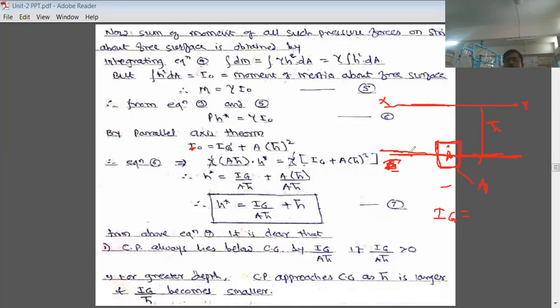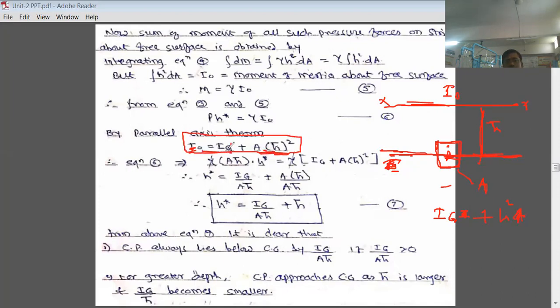Are you getting my point? This I0, the moment of inertia about this axis, must be equal to the moment of inertia about the parallel axis passing through the CG of the body, that is Iz, plus the product of h bar square into area A. So this is the parallel axis theorem.